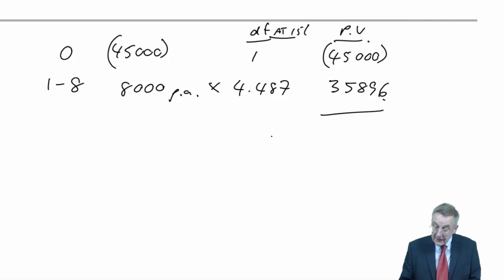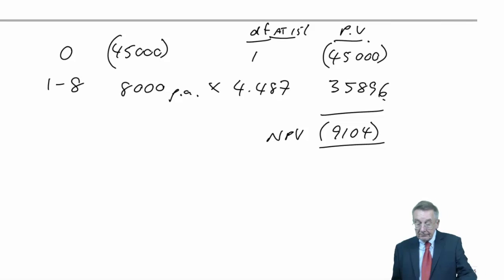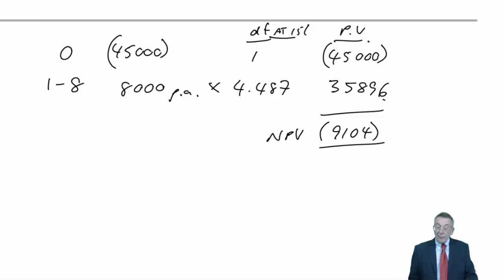And therefore the net present value, well, here happens to be negative, at 9,104. It's negative, so you'd reject.